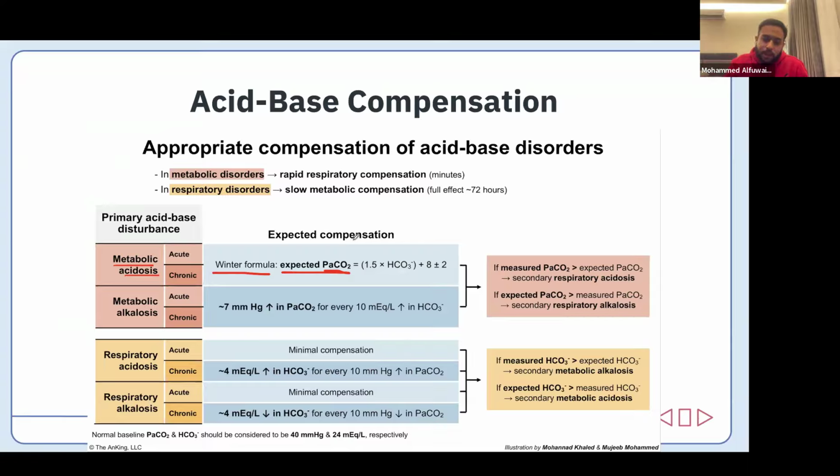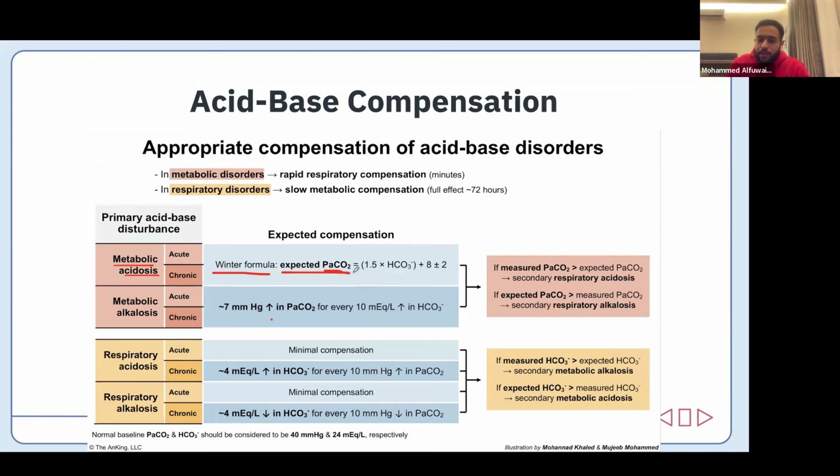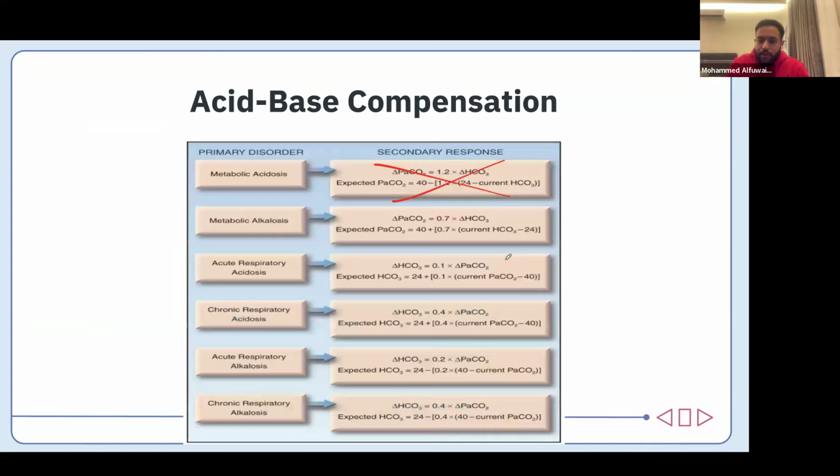Now, metabolic alkalosis. These are basically other ways of doing the calculation. I don't want you to remember this because it might be more confusing to remember these changes rather than knowing the equations. For metabolic acidosis, I don't want you to remember this equation at all. Just remember Winter's formula. It's much easier to remember. Done.